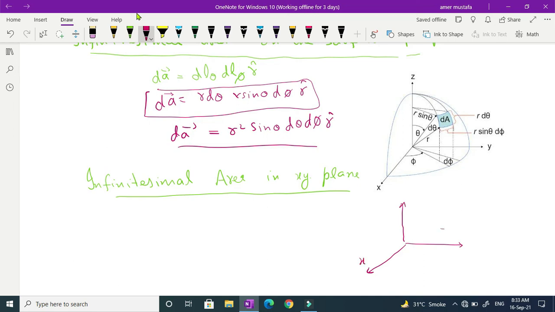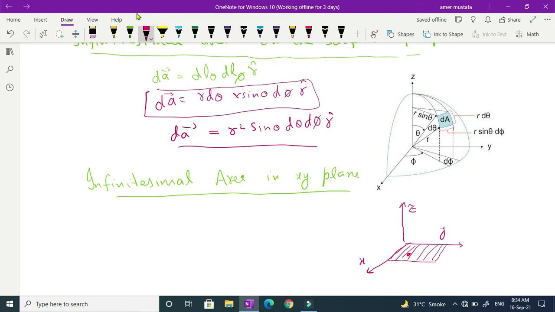This is the x-axis, y-axis, z-axis. Suppose the area lies in this plane. This is the area. Here you can see that two coordinates will change in this plane. What are these two coordinates? One coordinate is r and the other coordinate is phi.